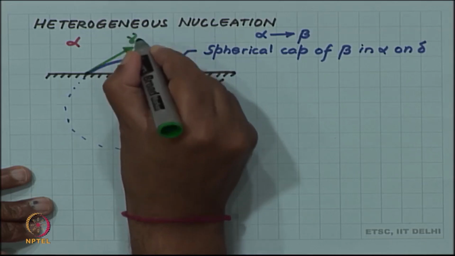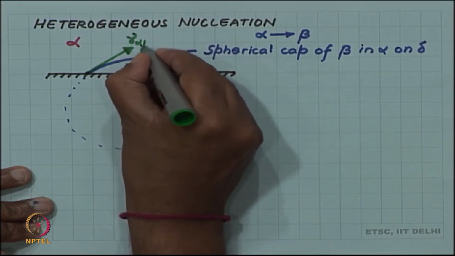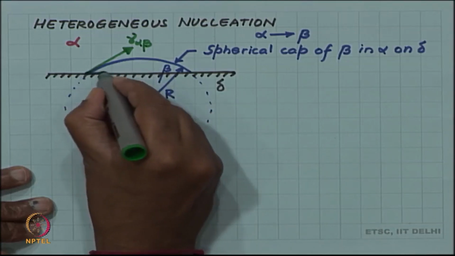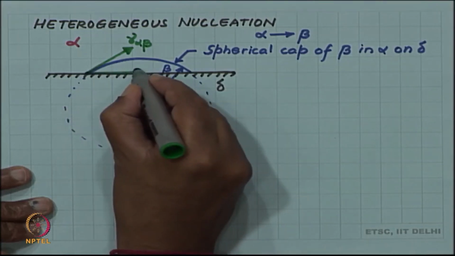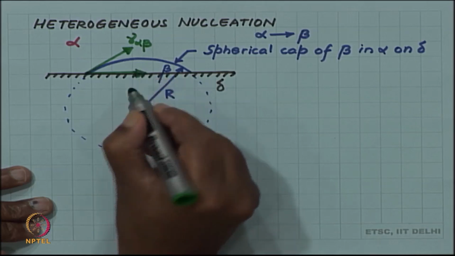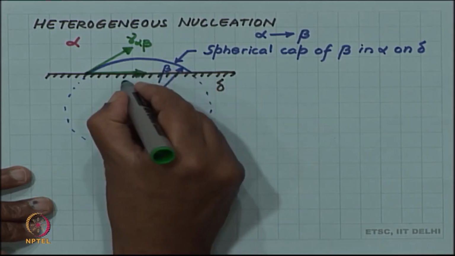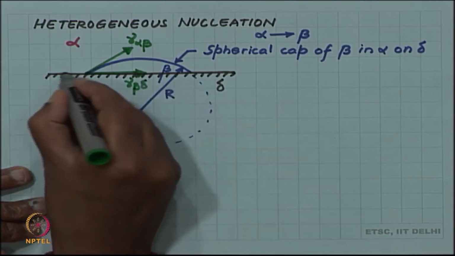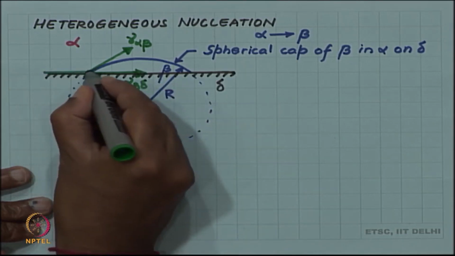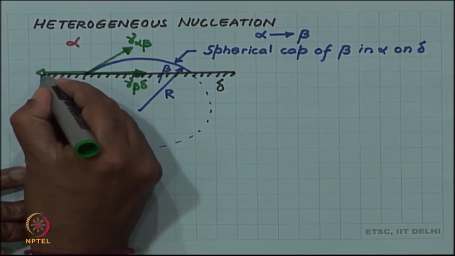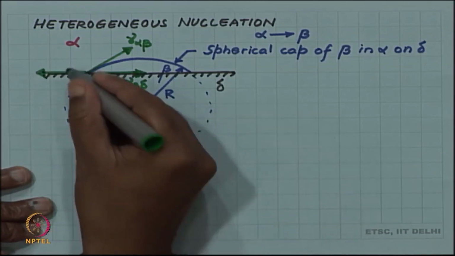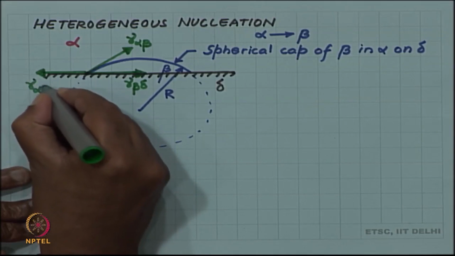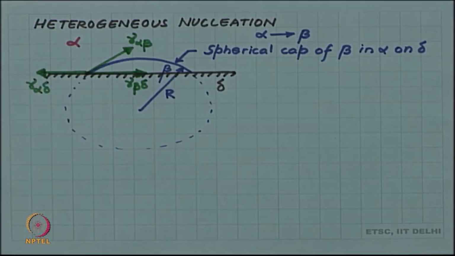So, this is gamma alpha beta, and this is another surface between beta and delta. So, this I write as gamma beta delta, and you have a surface between alpha and delta, which I write as gamma alpha delta.